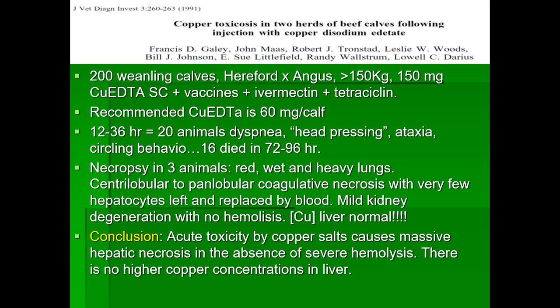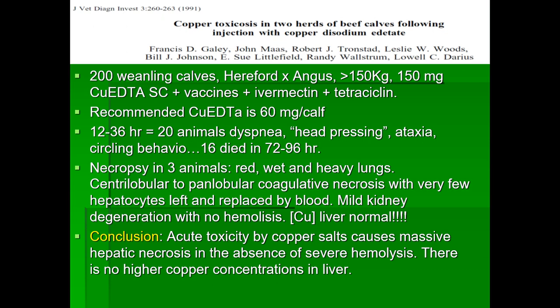There was a mild kidney degeneration, and there was no evidence of a hemolytic crisis like we see with chronic copper poisoning. The concentrations of copper in the livers were normal, and those in the kidney were very slightly elevated, but nothing compared with the expectations if this was a chronic copper poisoning.